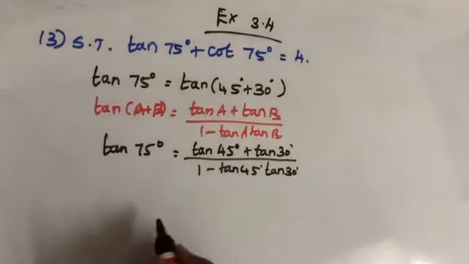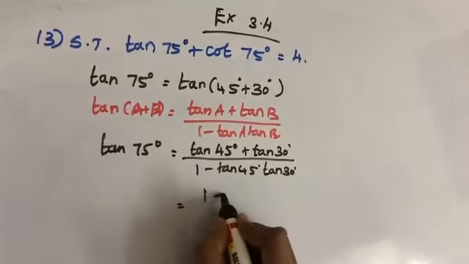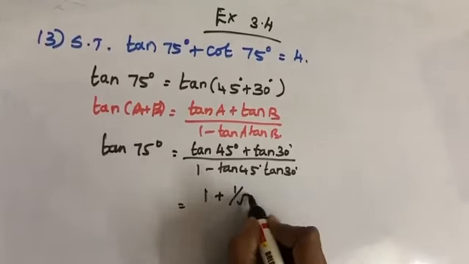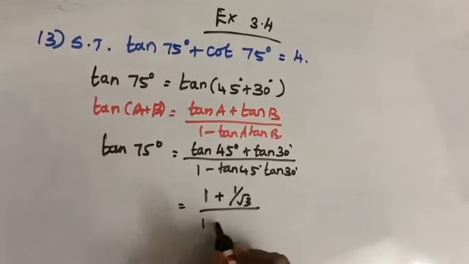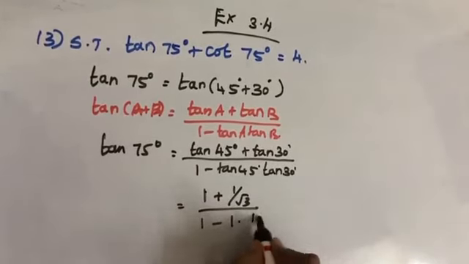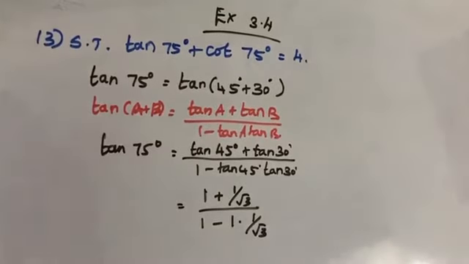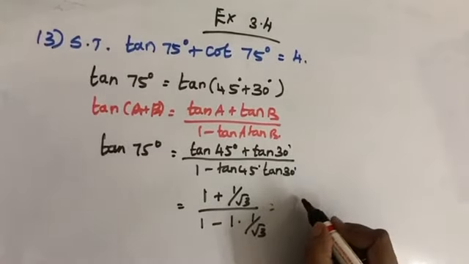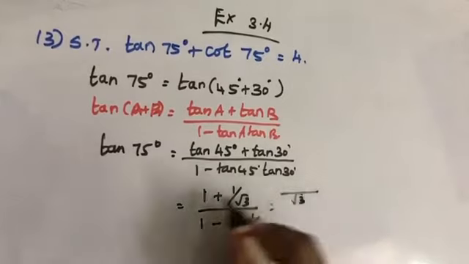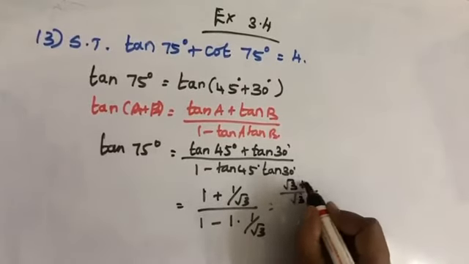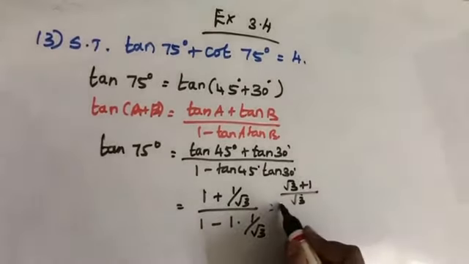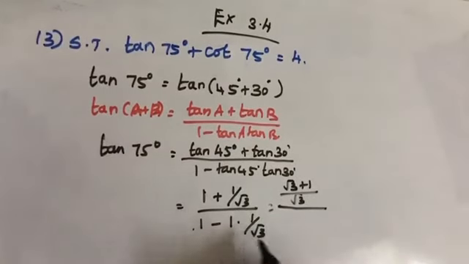What is tan 45? It is 1. Tan 30 is 1 by root 3, divided by 1 minus 1 into 1 by root 3. We take root 3 as LCM. So you get root 3 plus 1 in the numerator. Similarly here 1 minus 1 by root 3.